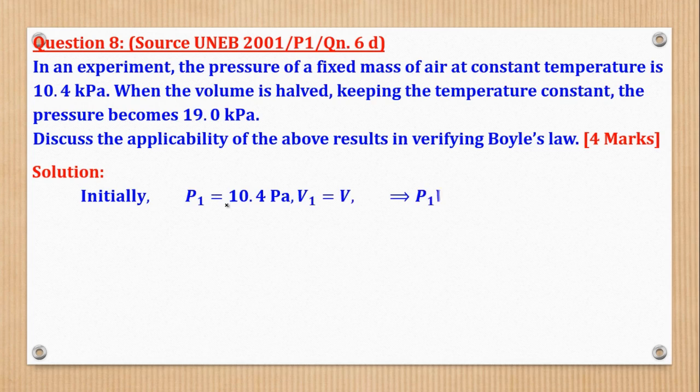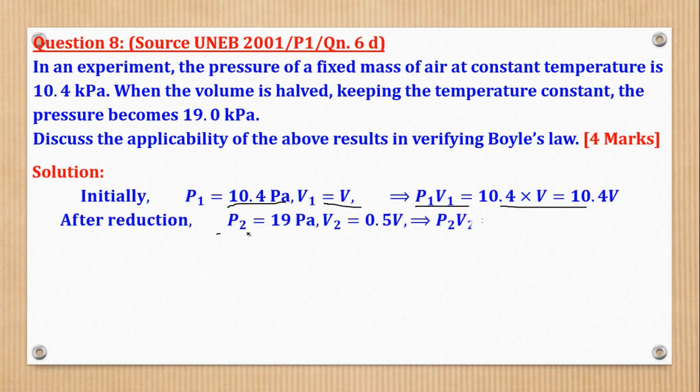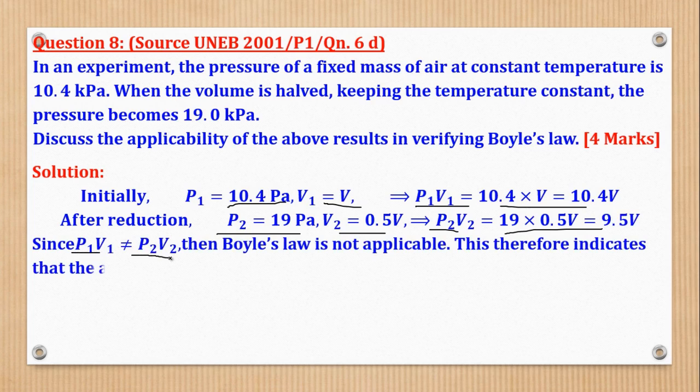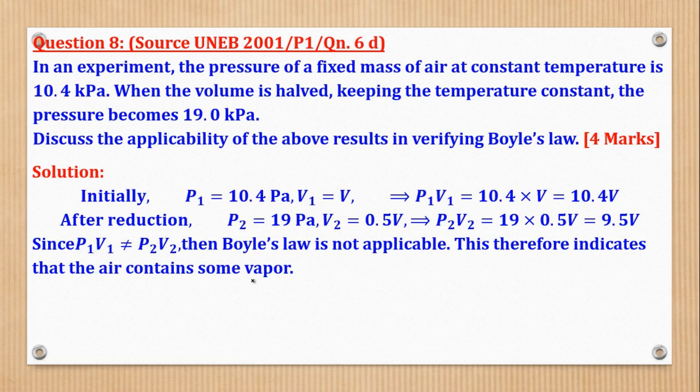So initially P1 is that, V1 is this, therefore P1V1 is this. After reduction, P2 is that, V2 is that, therefore P2V2 is that. So since P1V1 is not equal to P2V2, it implies that Boyle's law is not applicable, and because it's not applicable, it implies that the air contains some vapor.